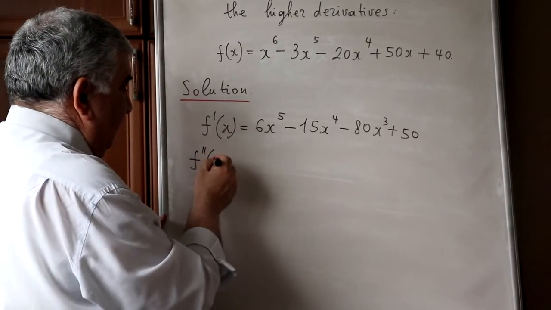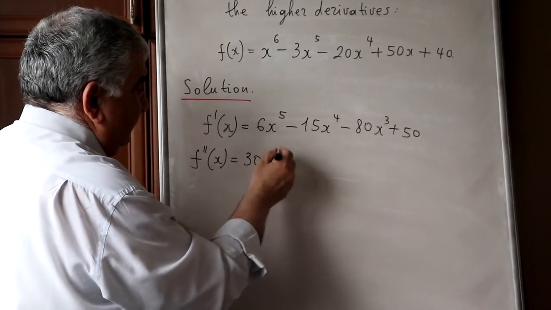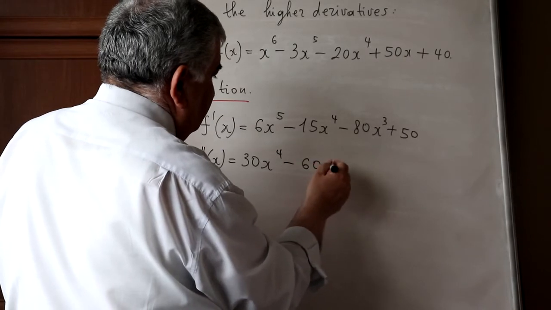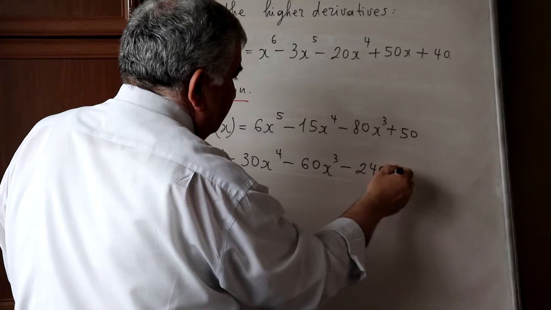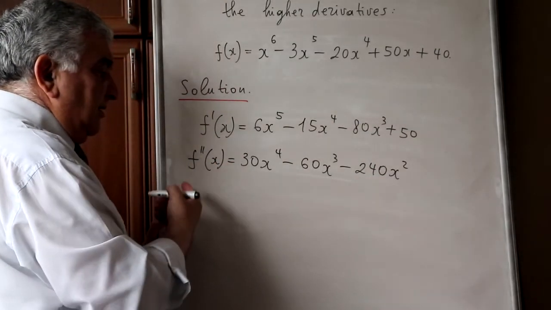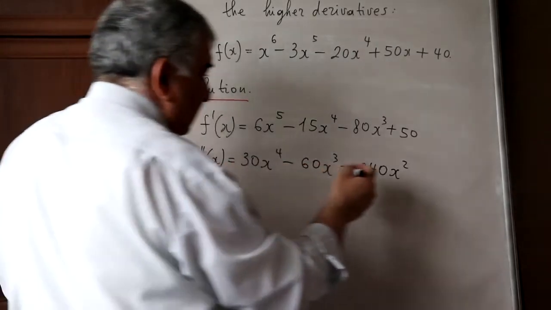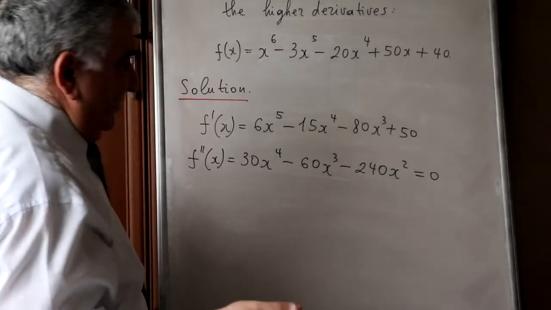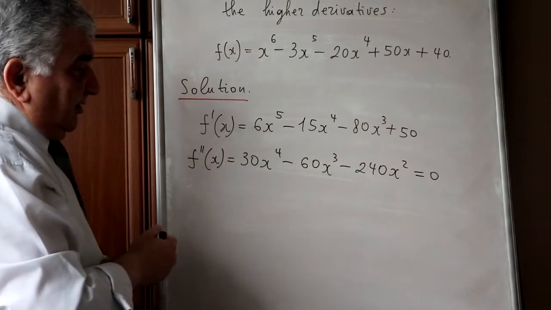Then find the second order derivative. f double prime of x equals 30x to 4 minus 60x cubed minus 240x squared. Then equalize the second derivative to 0, and we obtain the corresponding equation, and we must find the roots of this equation.